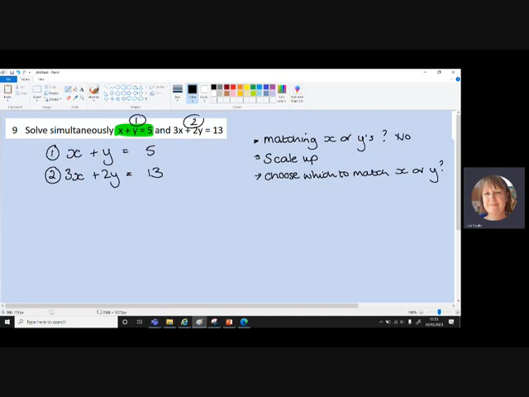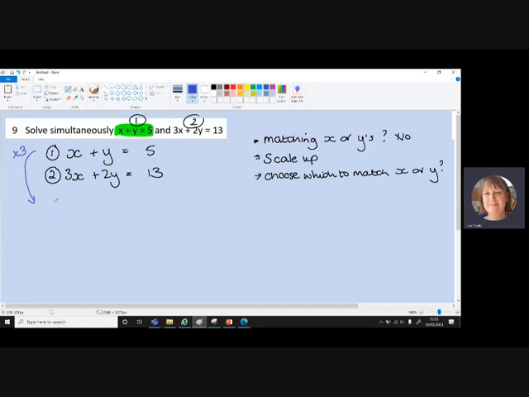Okay, so if I times the first equation by 3, it would then become 3x. So that's what I'm going to choose to work with. Someone else might choose to multiply up the y's by 2, and that's your choice, and that's fine. So my choice is to times this equation by 3.